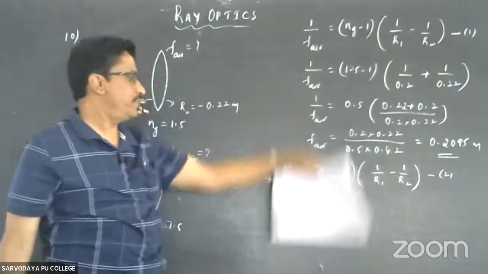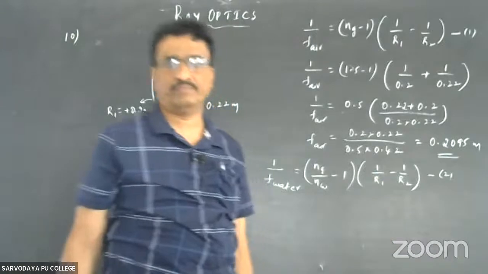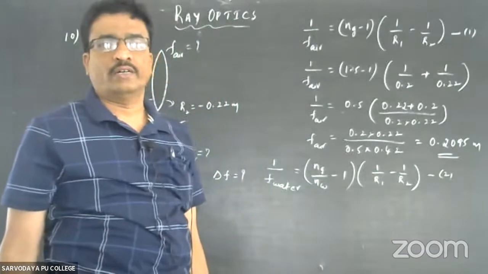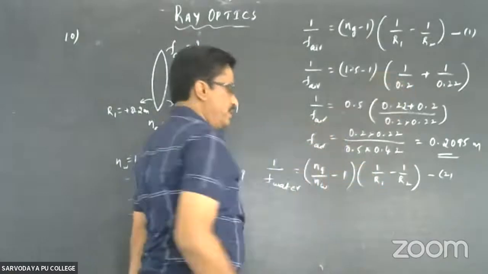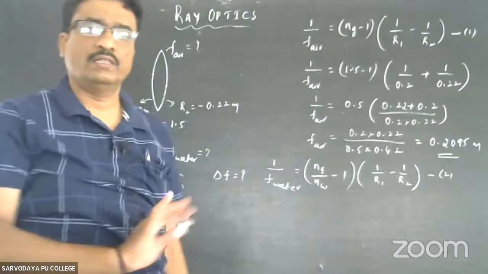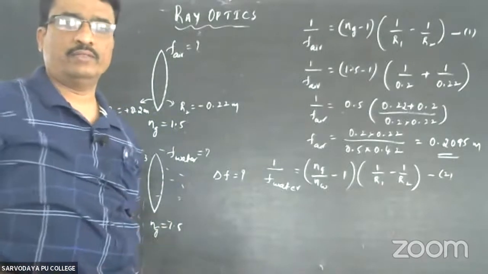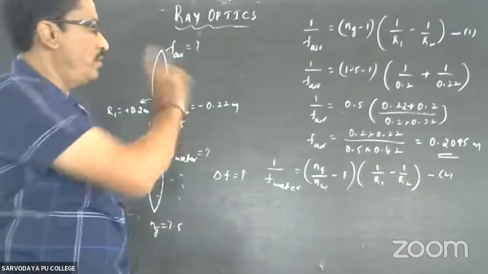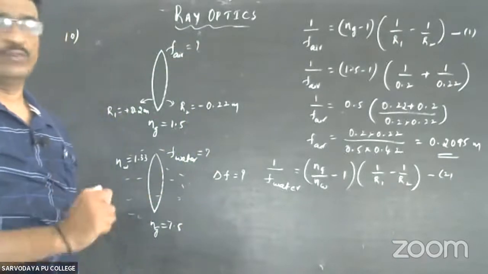Otherwise, you can just find the ratio and avoid the substitution of R1 and R2 values. If you don't want to do that, substitute the values and you will get F water. Afterwards, you can find the difference. Whichever method you feel easy, you go for it, but two options are available.